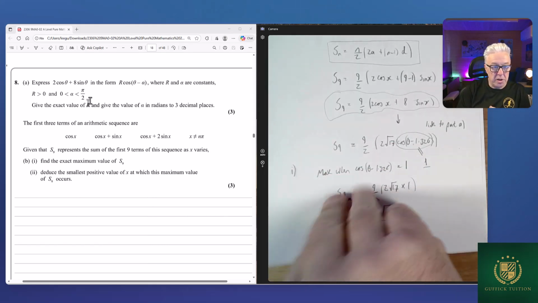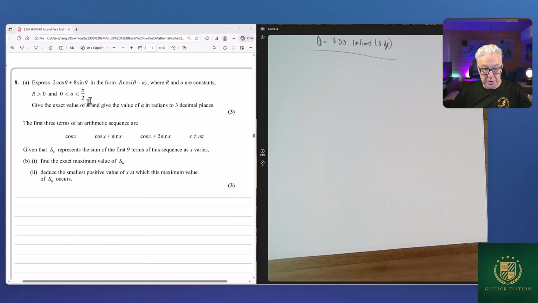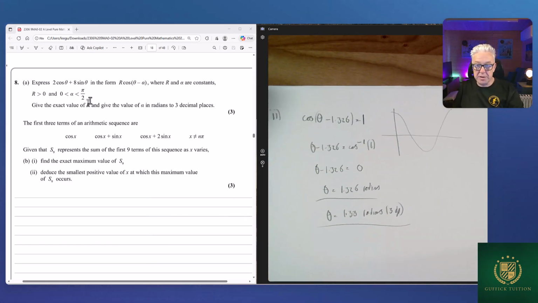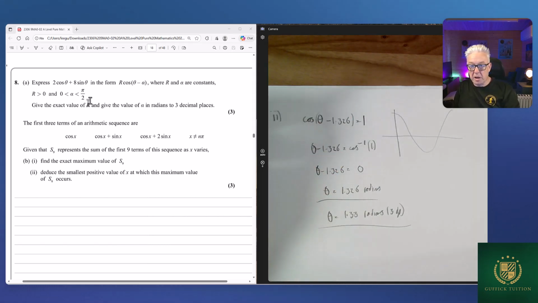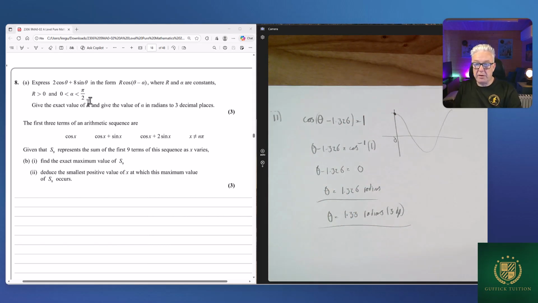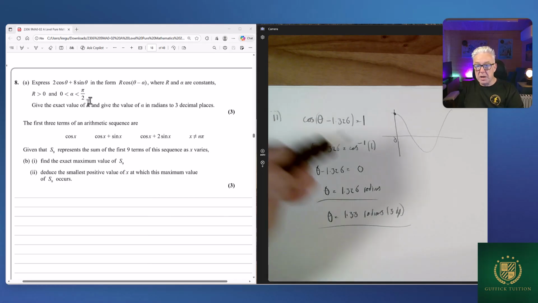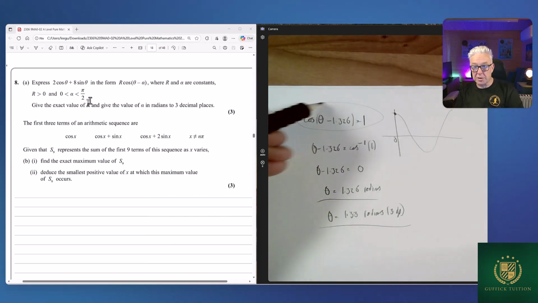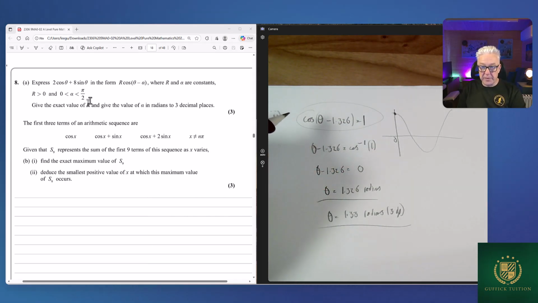B part 2, deduce the smallest positive value of x at which this maximum value occurs. Okay, well, drawing my cosine graph, I can see that the smallest value of x at which cos is 1 is when x is going to be 0. Because remember, it happens when cos is 1, the maximum value.